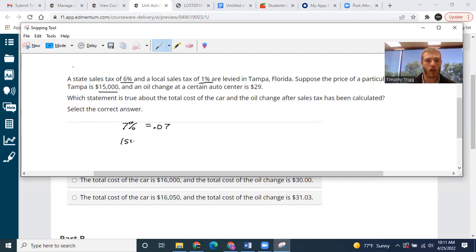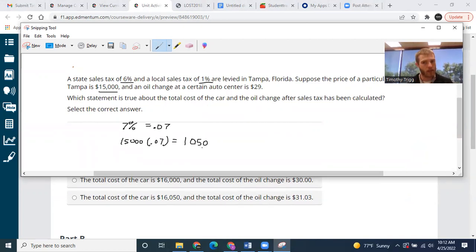So that's $15,000 times 0.07, which is 7%. And this will tell you how much sales tax on the car. So 15,000 times 0.07 gives us $1,050. So this is the sales tax on the car, right?